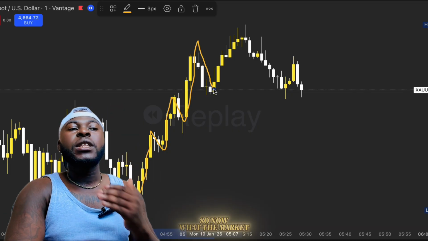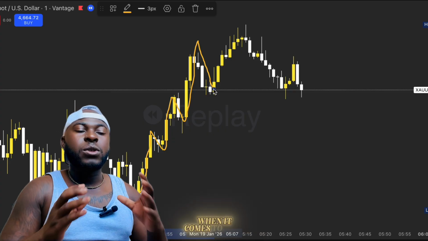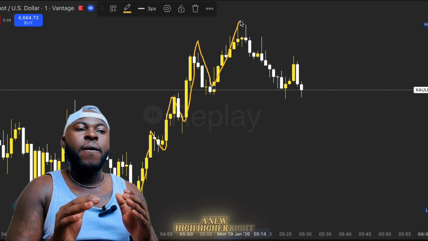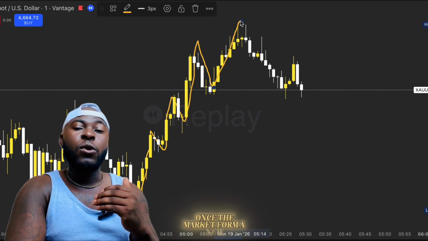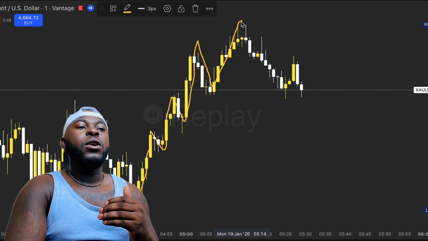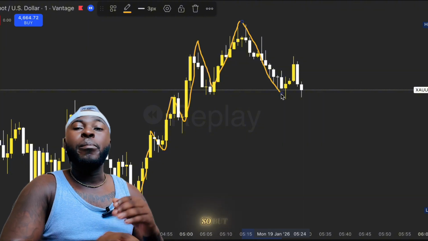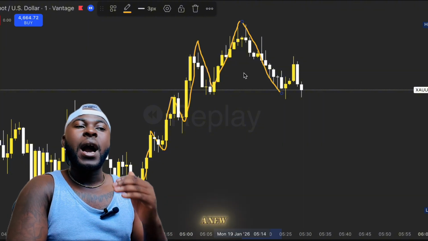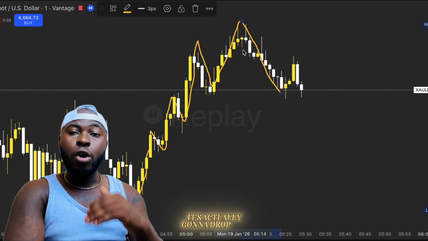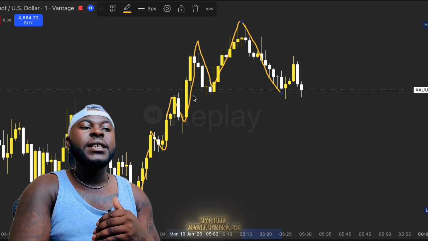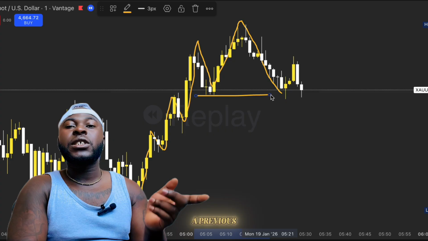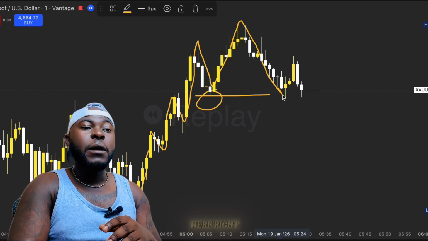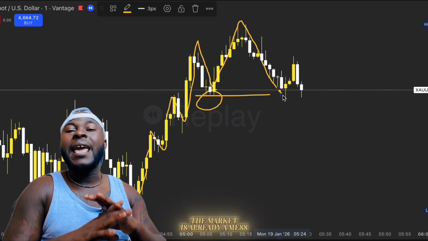Now what the market is going to do when it comes to head and shoulder is form a new high, right? Once the market forms a new high, the market is going to calm down. But what the market is going to do is not form a new higher low. It's actually going to drop all the way down to the same price as the previous higher low, which is this one here. Once the market reaches here, as you can see, the market is already a mess.